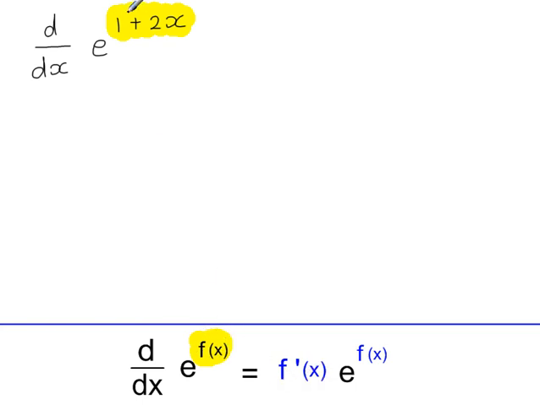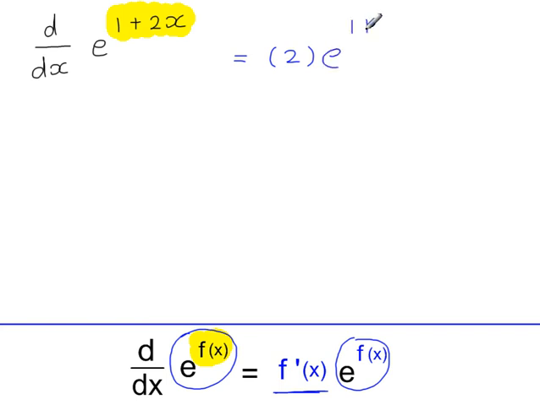So we're differentiating 1 plus 2x, and differentiating 1 plus 2x gives us 2. So that's this part of the formula done. And now we multiply by e to the power of f of x, so we're multiplying by the original function, which is all of this. So we have 2 times e to the power of 1 plus 2x.